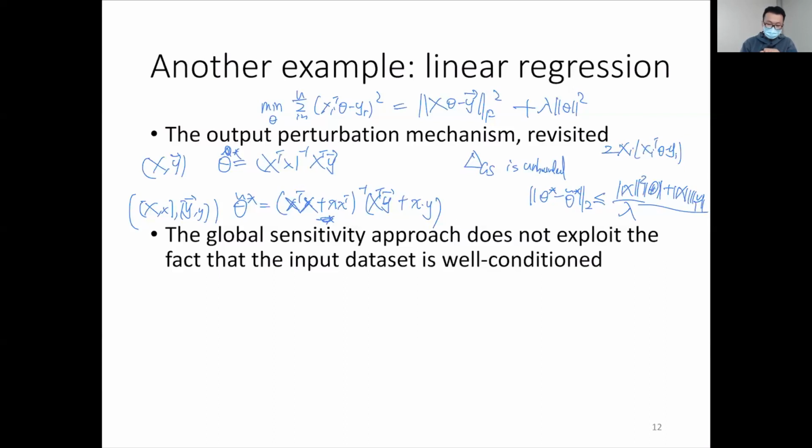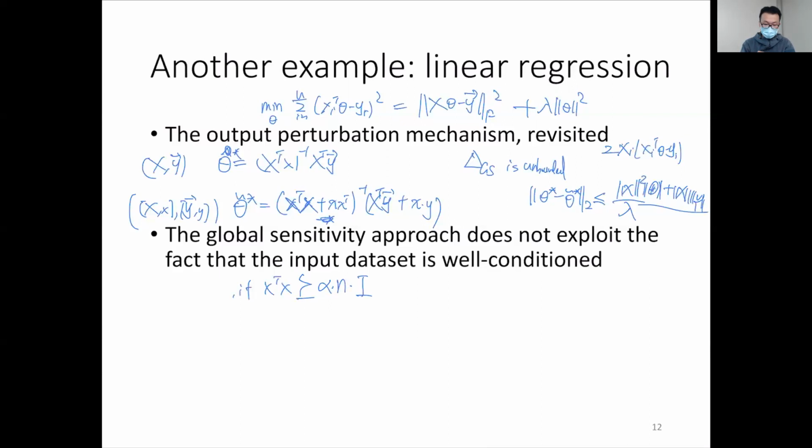So the global sensitivity approach does not really take into account the fact that, let's say, X transpose X is a d by d matrix, and it's also a positive semi-definite matrix. Suppose it is strictly positive definite, and in addition it is lower bounded by some alpha times n times identity, with some constant alpha.